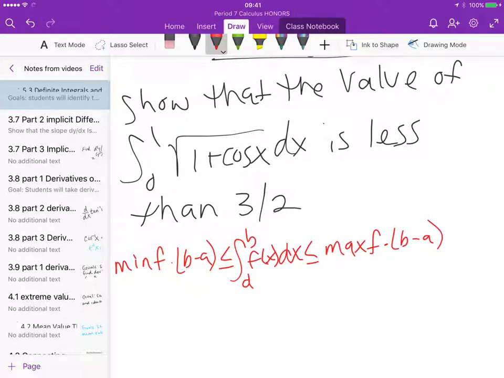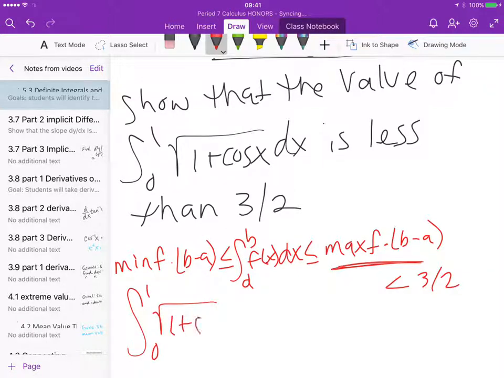And so basically what we're trying to show is that the max in this case is less than 3/2. So let's take that into account here. I'm going to rewrite this integral from 0 to 1, square root of 1 plus cosine of x dx.